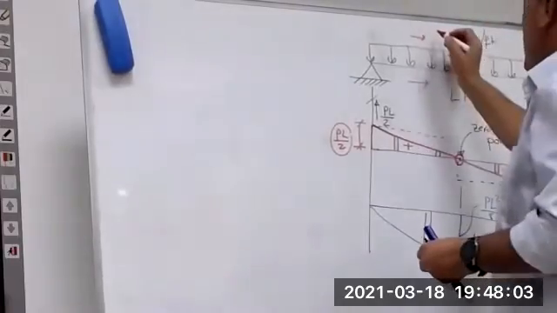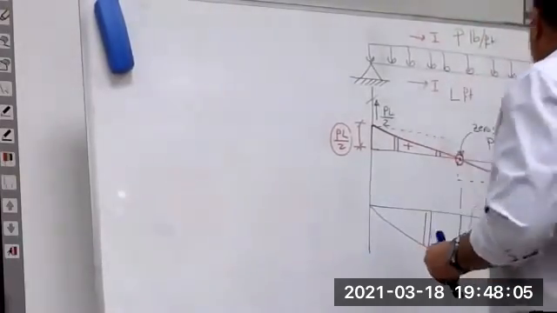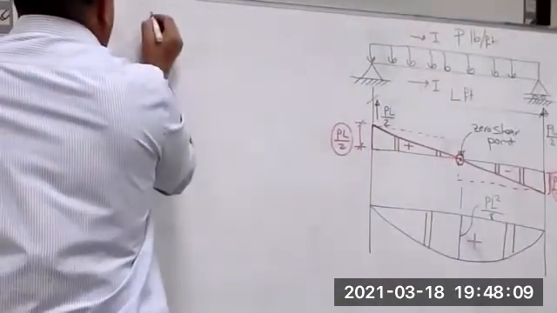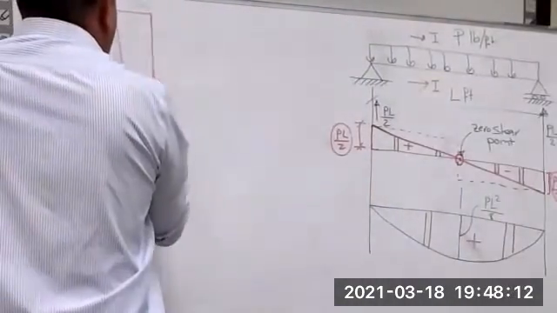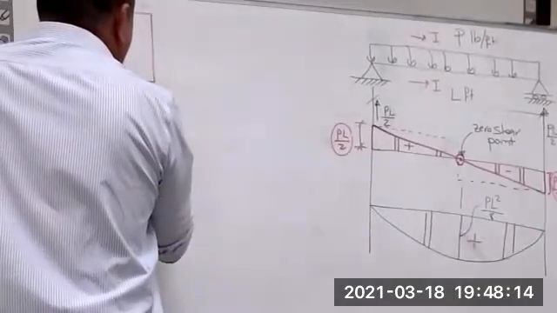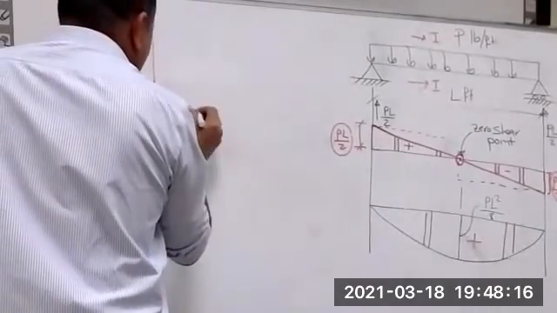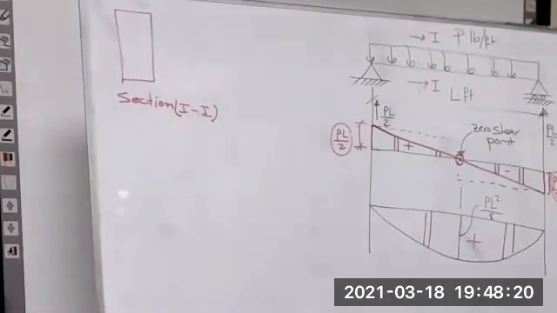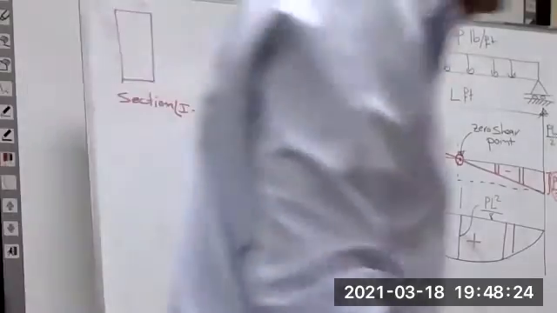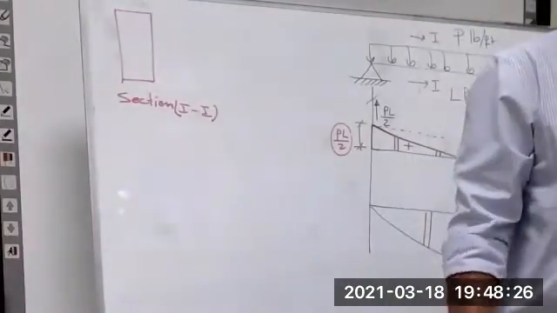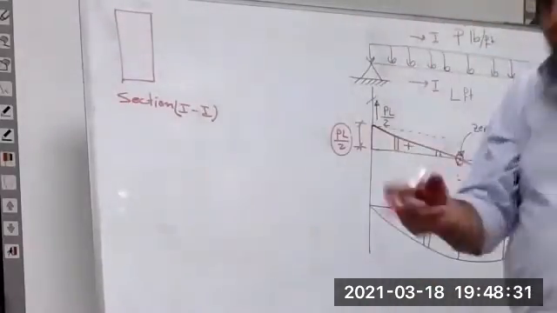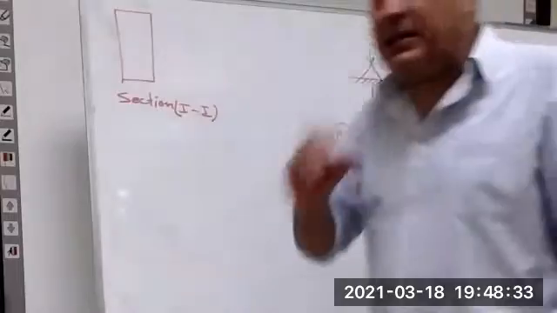Section 1-1. Does it have any normal force? No. So the normal stress is equal to 0. Why? Stress equals force divided by area. If normal force is 0, that means there are no normal stresses.